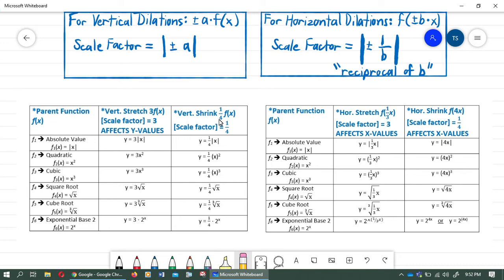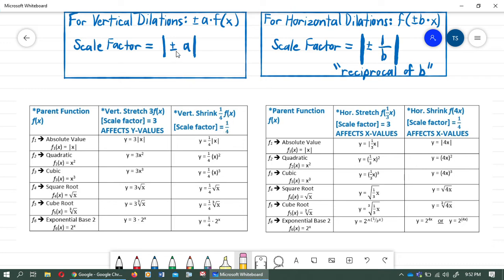After a vertical shrink. So if it was being shrunk by a factor of 1/4, that means the scale factor is 1/4, and the number being multiplied on the outside is 1/4. And guys, it could be a positive 1/4 or a negative 1/4 that's being multiplied.